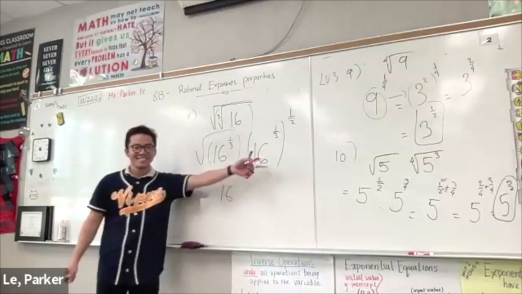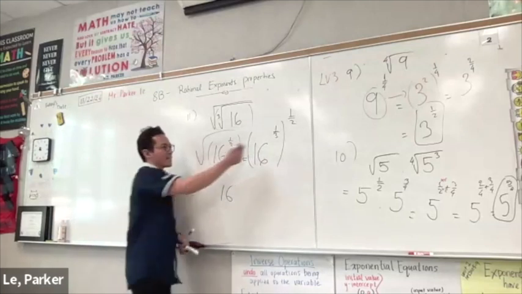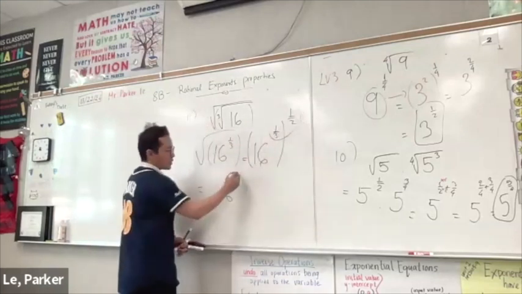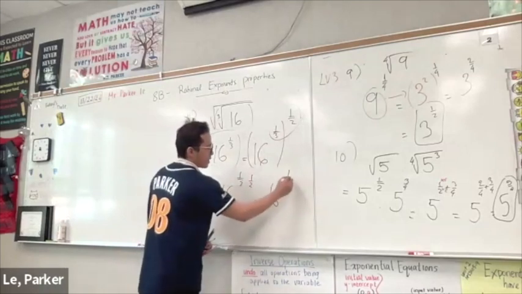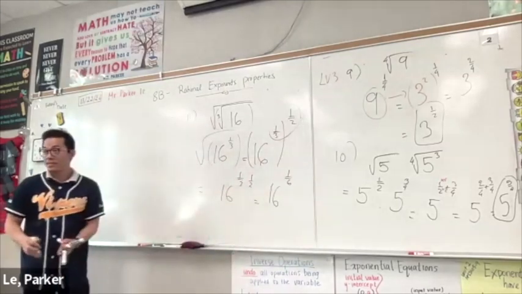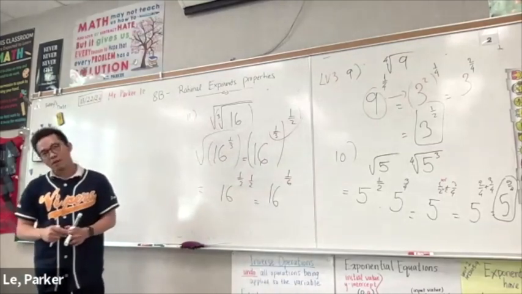All right. Okay, now what are you gonna do with this? Multiply. That's it. So 1/3 times 1/2 is 1/6. But what about 16? 16 is a perfect square. Well, 4 squared.